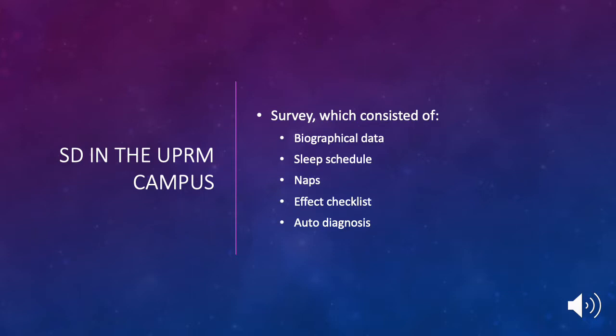The fourth part is the effect checklist. Here we see if the students experience any of the side effects associated with sleep deprivation. The fifth and last part is the auto-diagnosis. Here we ask the students if they believe they are experiencing sleep deprivation.